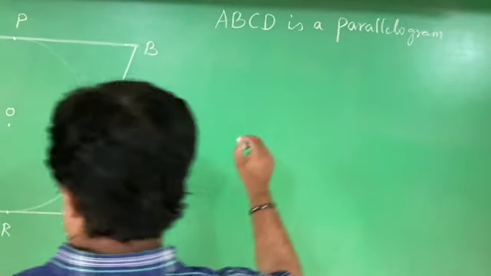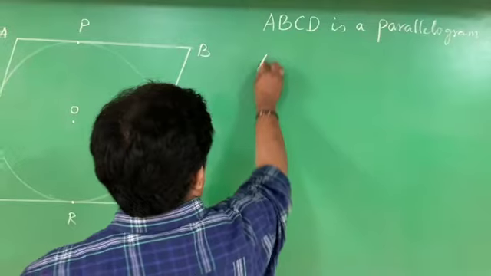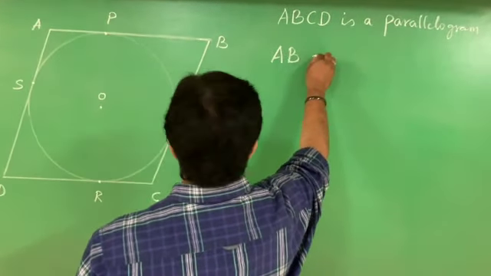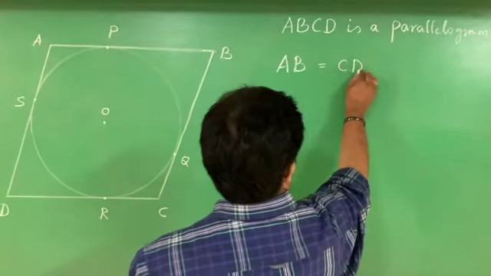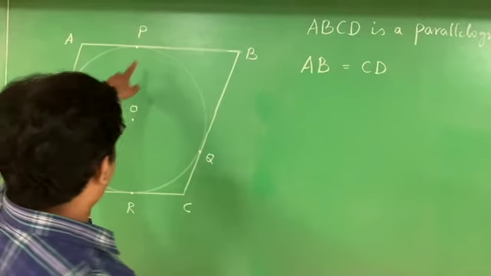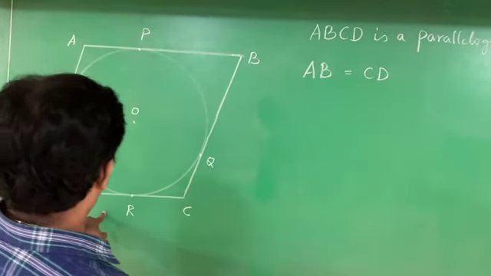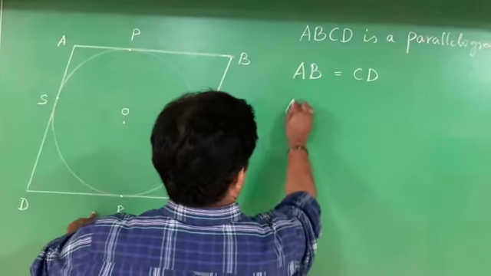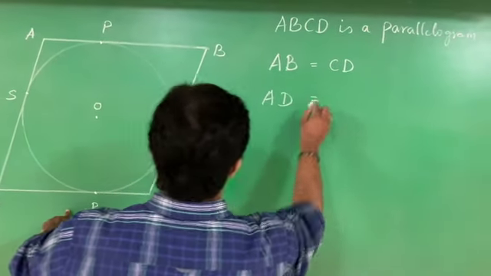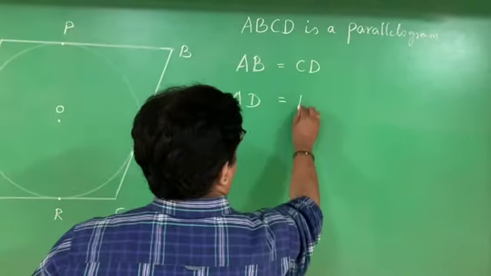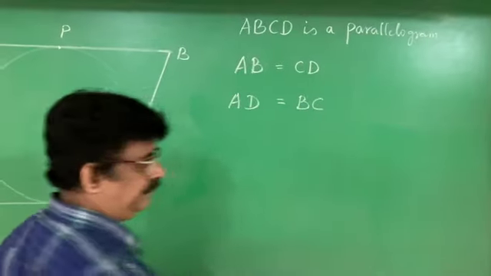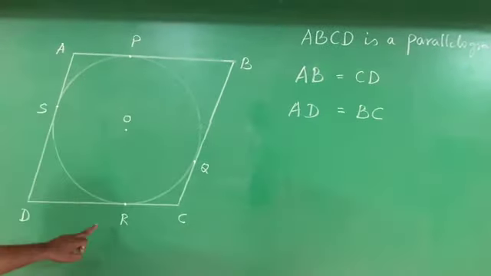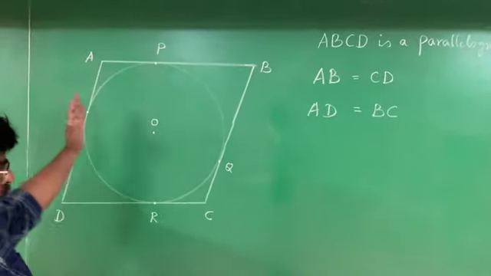If ABCD is a parallelogram, then I know that AB is equal to CD, and in the same way AD is equal to BC.